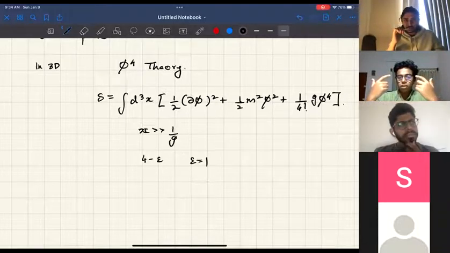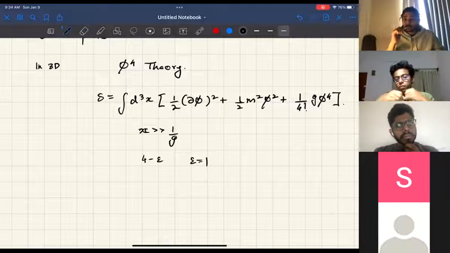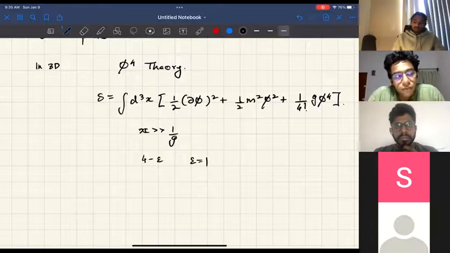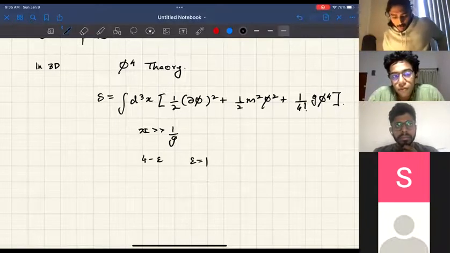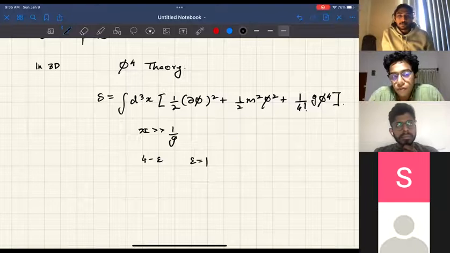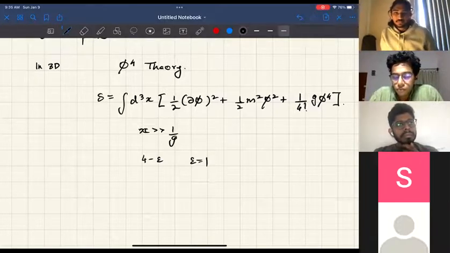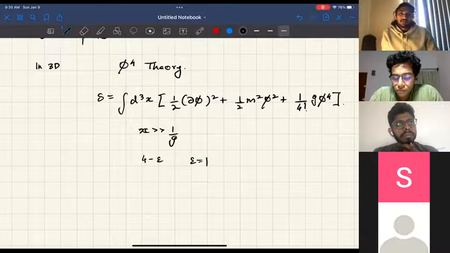Not sure what you're talking about. I don't think there really is any physical interpretation to this bit, because this is a trick that you see a lot when you're doing loop integrals. Just because you're going to 4 minus 2 epsilon dimensions doesn't mean you're doing some weird compactification.